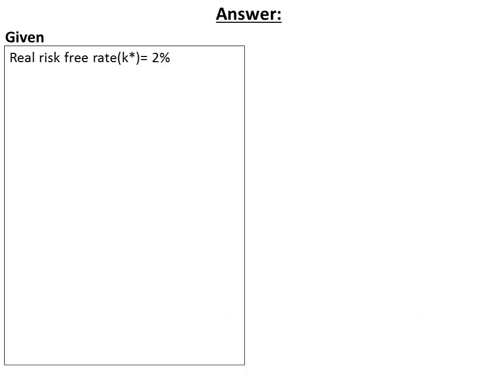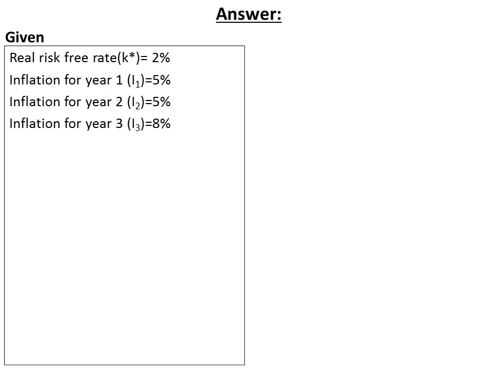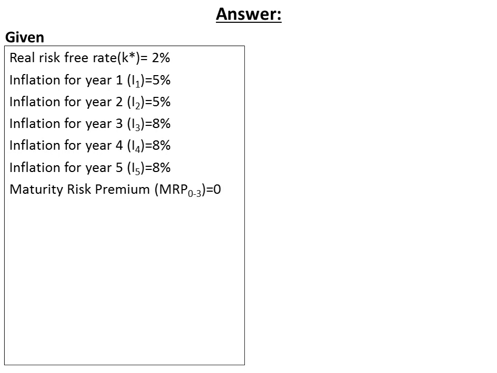Now you have to write the given information. Real risk-free rate K star equals 2%, inflation for year 1 I1 equals 5%, inflation for year 2 equals 5%, I3 equals 8%, I4, I5. And the MRP, maturity risk premium, for 0 to 3 years equals 0.